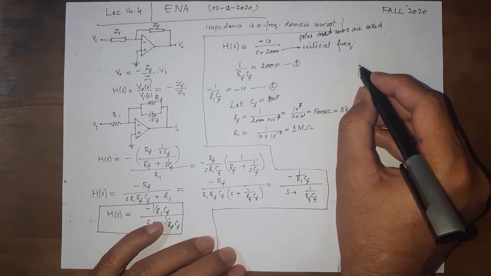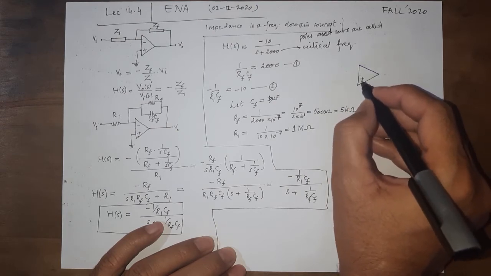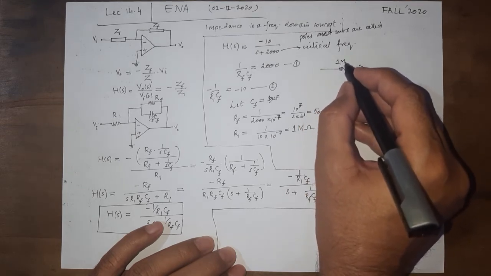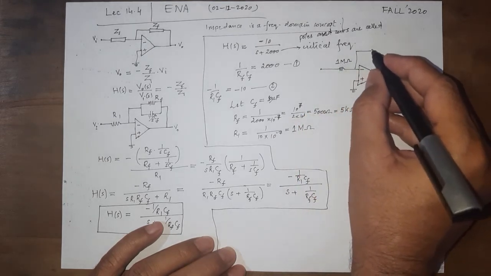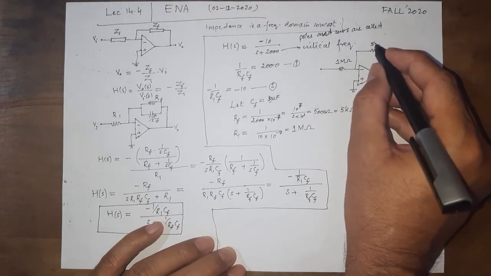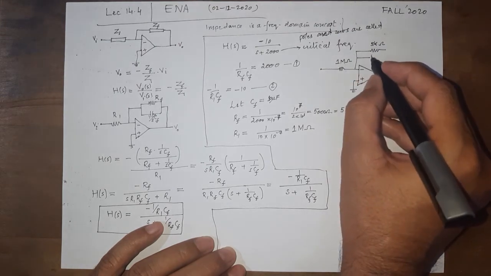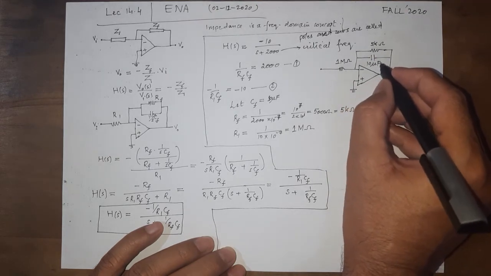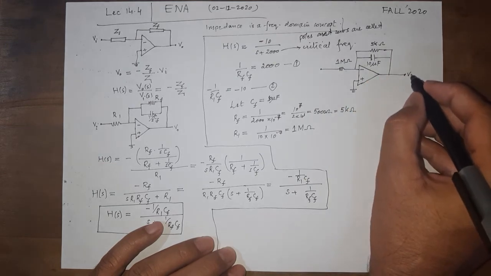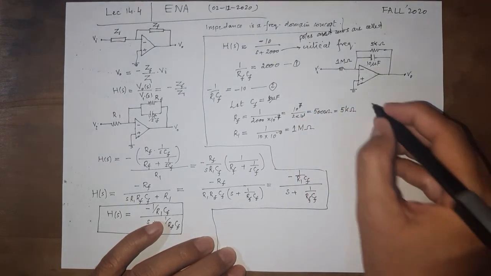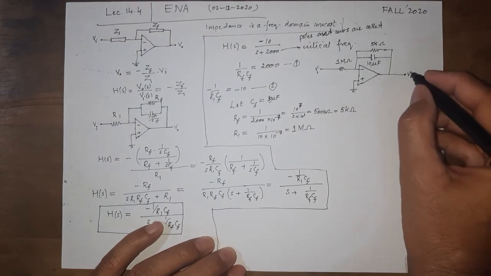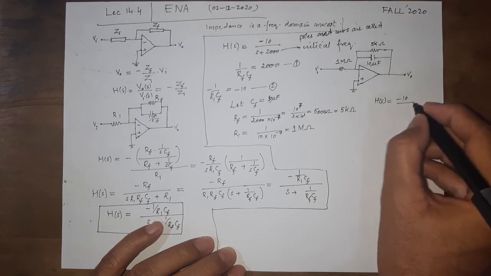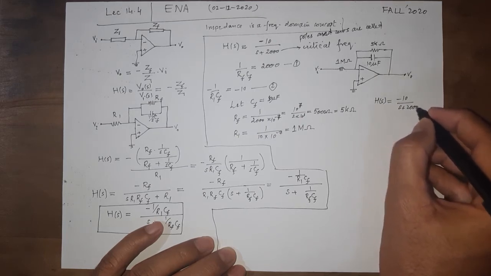Now an op-amp circuit with a 1 mega ohm resistor here and a 5 kilo ohm resistor here with a capacitor in parallel of 10 microfarad is going to have an H of S of minus 10 over S plus 2000.